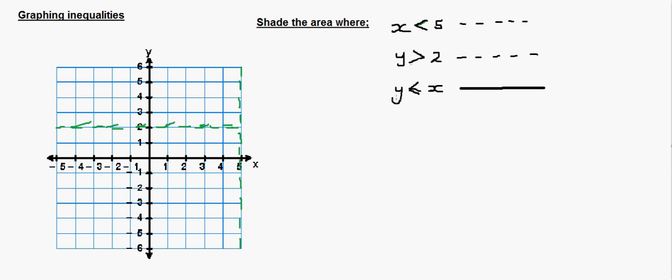Now y is less than or equal to x, so we draw the line y is equal to x. It's going to cut through all these corners, and it's going to go through the point of origin.